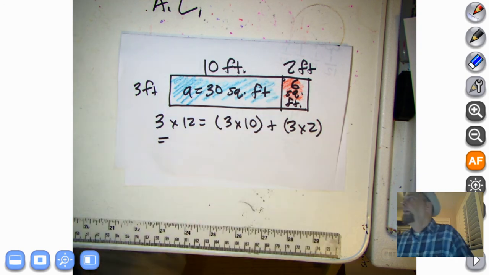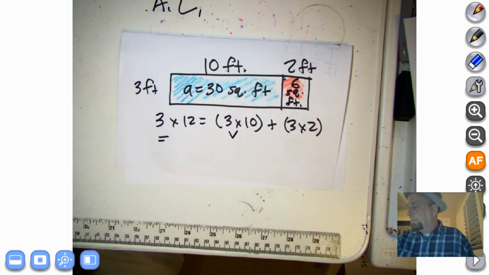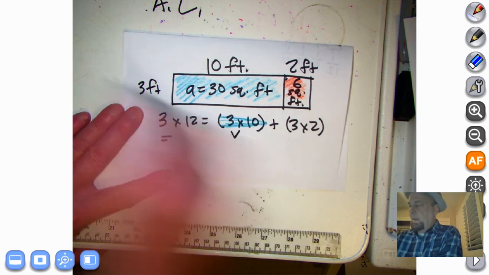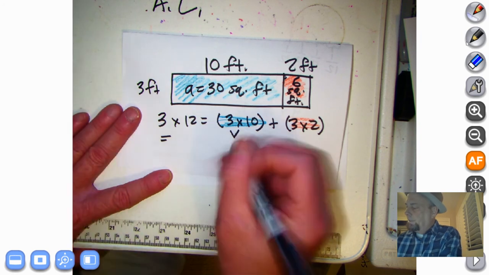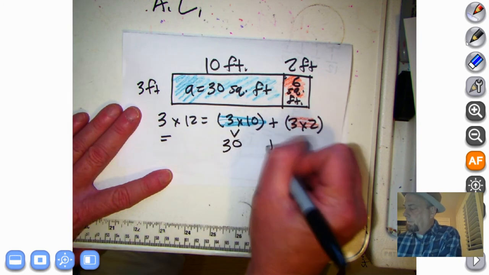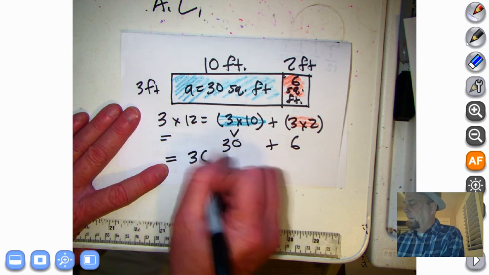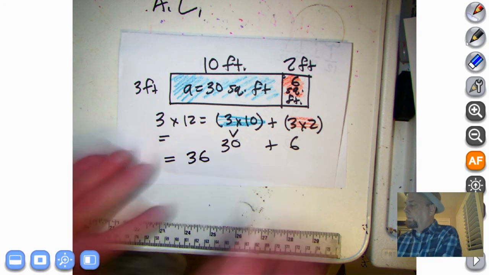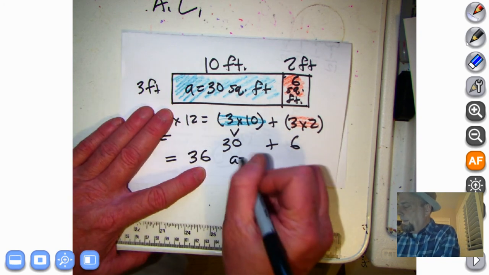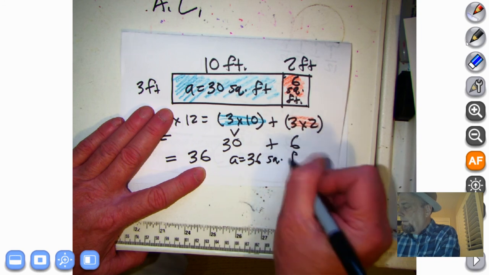So now 3 times 10 is the blue, and 3 times 2 is the 6. So 3 times 10 is 30, 3 times 2 is 6. What's our answer, ladies and gentlemen, boys and girls, damas y caballeros? It's 36. But that's not the final answer, because we have to put in area equals 36 square feet.